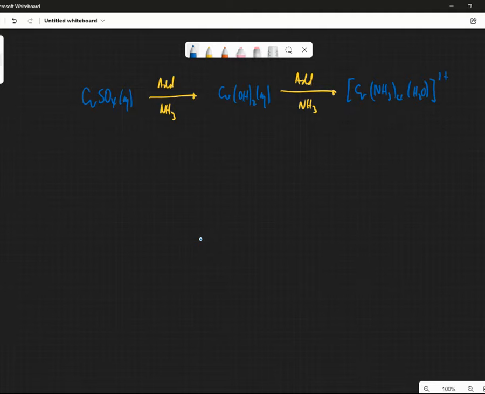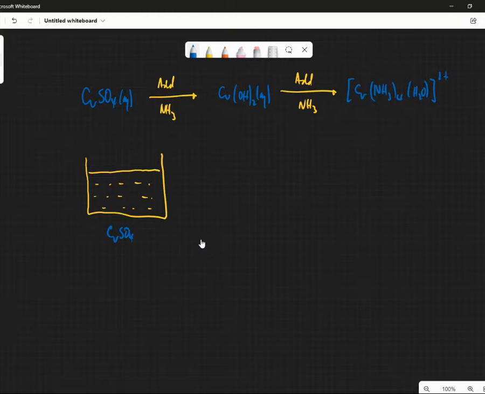Now we're going to explain this transition from one to the other. You may have done this in class, but it's actually quite confusing. So let's draw it out first of all. This is how I like to do it. In my first beaker, all I've got is very simply copper sulfate solution. That's all it is.